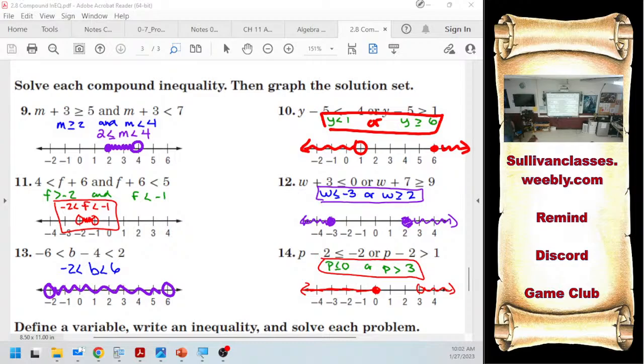There were no weirdos where it was and or, but they were like overlapping, heading in the same direction. Those are those unicorn cases that sometimes we get. When you're solving them, usually they're going to end up like this. It's either and or.